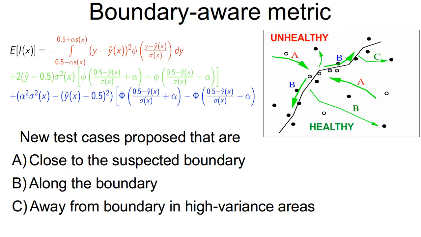So we also generate test cases away from the boundary in high variance areas. This means in areas where potentially another safety boundary could be found.